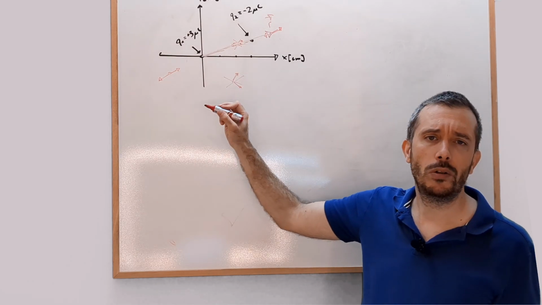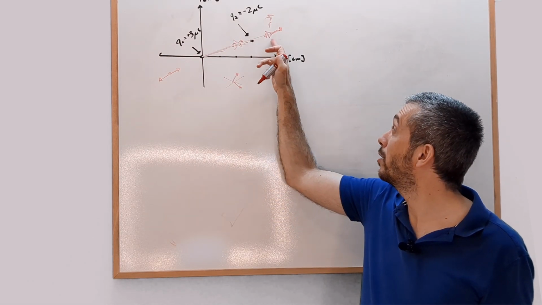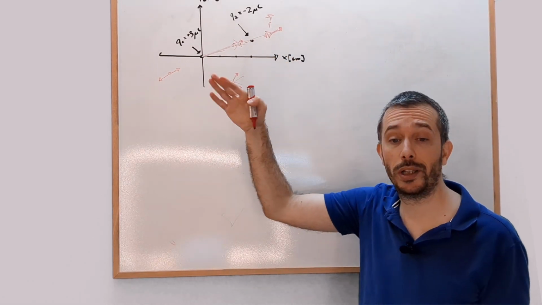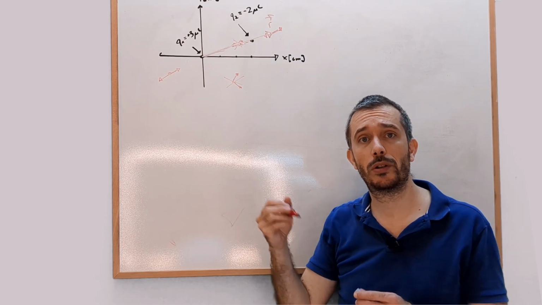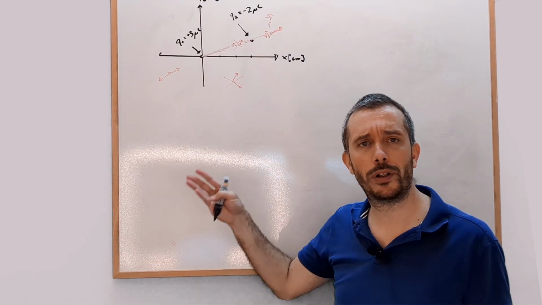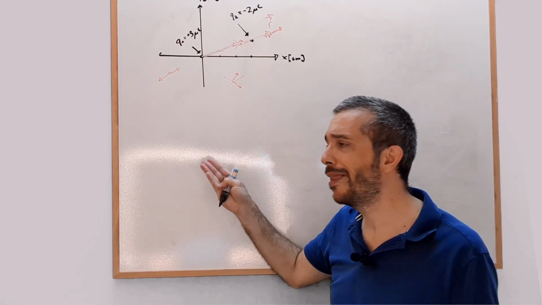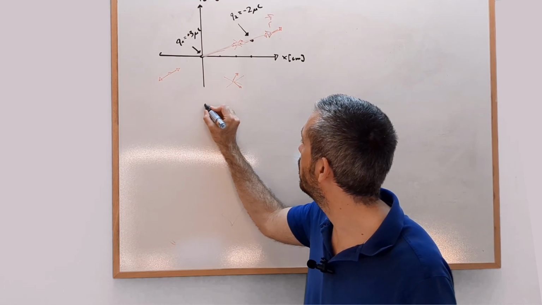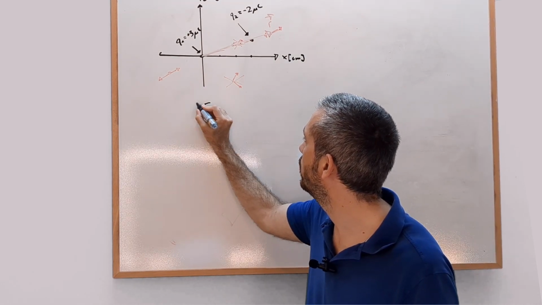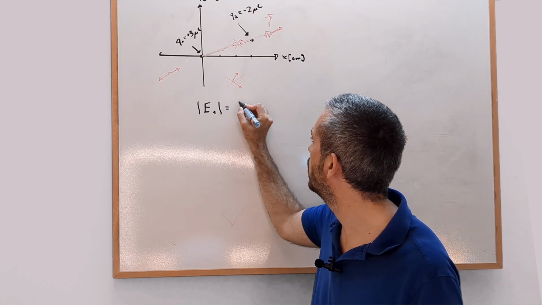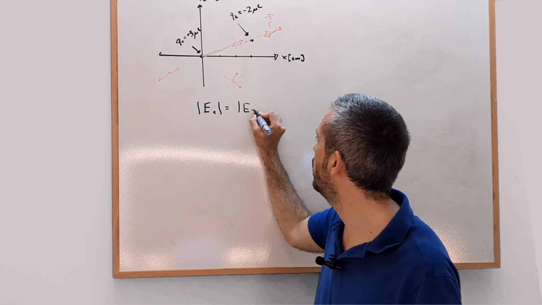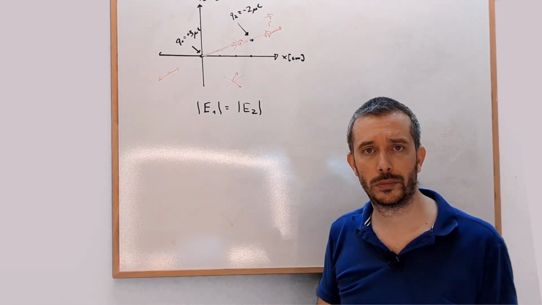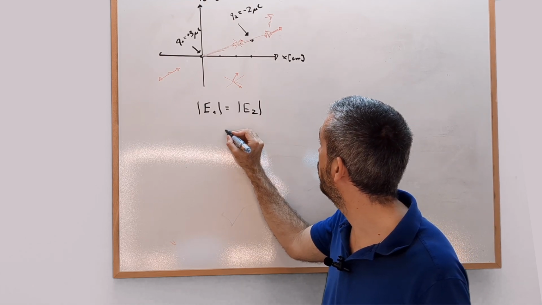So we want to know that vector R that goes to that location where hopefully those two fields add up to 0. In order for the two fields to add up to 0, their magnitude must be equal. So I can write that the magnitude of field 1 has to be equal to the magnitude of field 2. And then I can just plug in information.